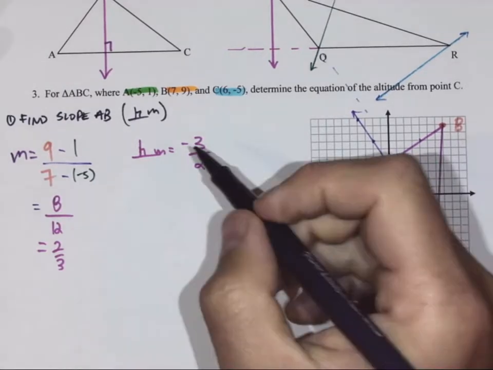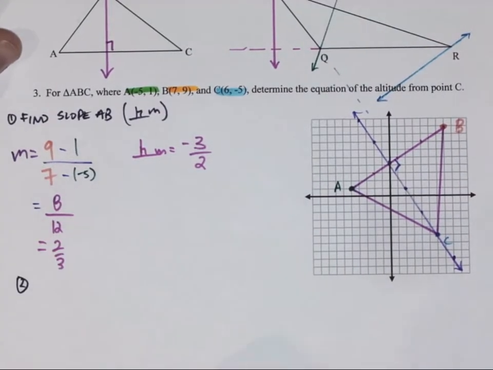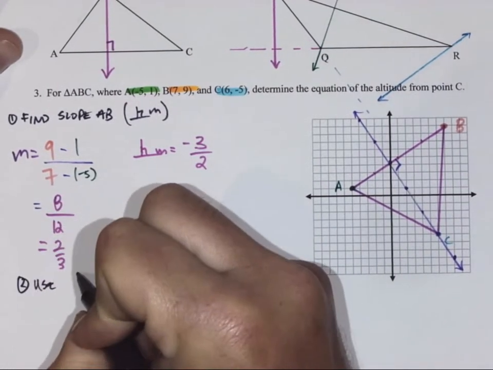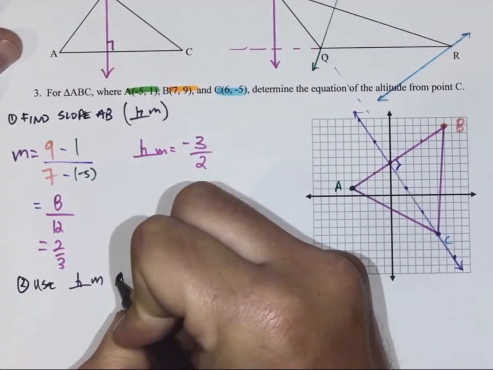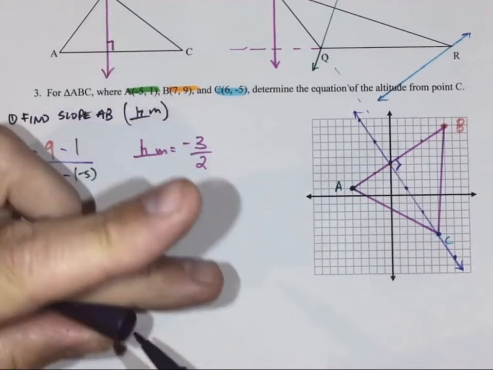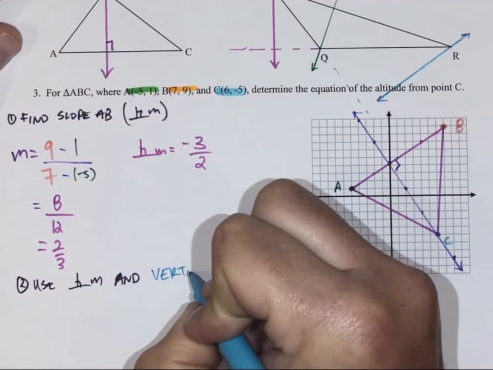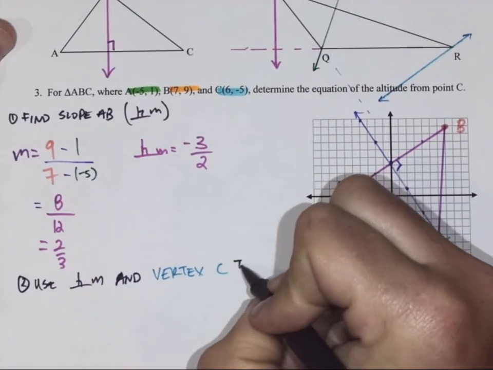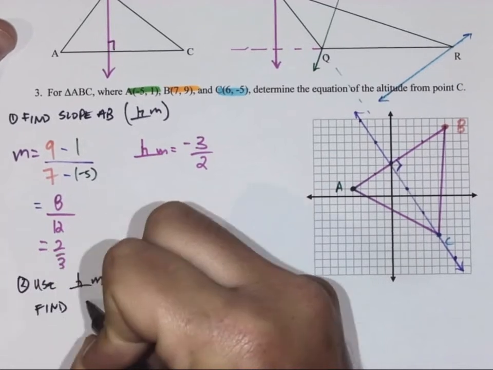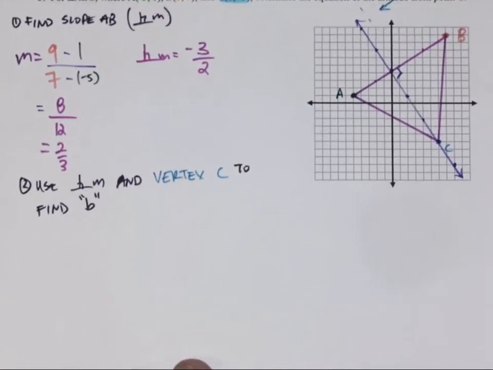Step 2, found that. So the next step is we're going to use that perpendicular slope and a point, in this case, vertex C, to find our y-intercept. And we're doing it, even though we can see it, so that you remember what to do.